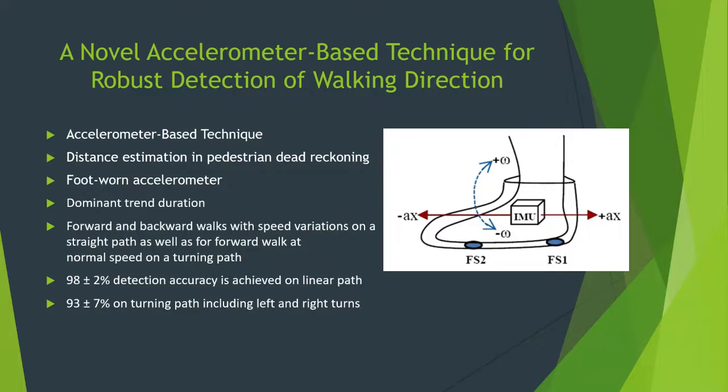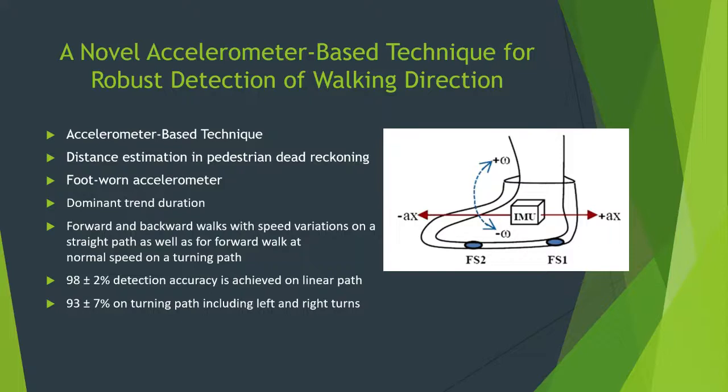So for the first paper, they use an accelerometer-based technique. The distance can be estimated with pedestrian dead reckoning. They use a foot-worn accelerometer and the concept of dominant trend duration.